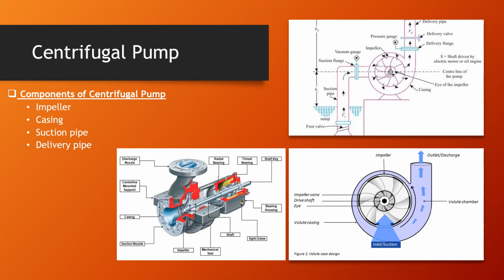Now, as the water starts moving out from the eye of the impeller, that's basically the center of the impeller, a suction or a vacuum is created there. Now, that vacuum actually starts bringing the water from the sump to the impeller again.